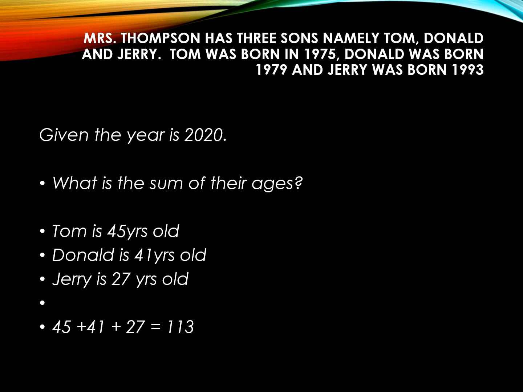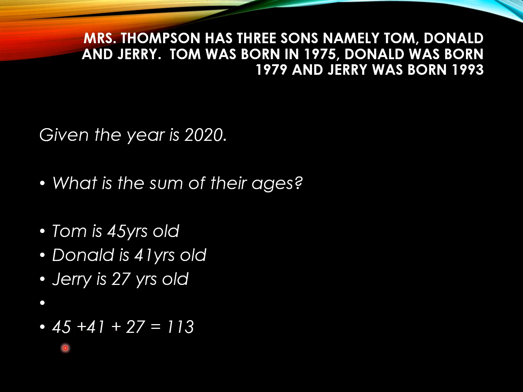Now, how do we find the sum of their ages? It's very simple, right? So Tom 45, Donald 41, Jerry 27. Because we asked for the sum of their ages, what we do is use the addition sign, or the plus sign, whichever you want to call it.